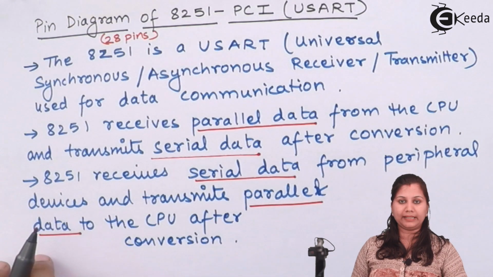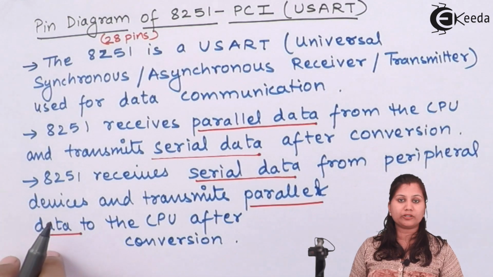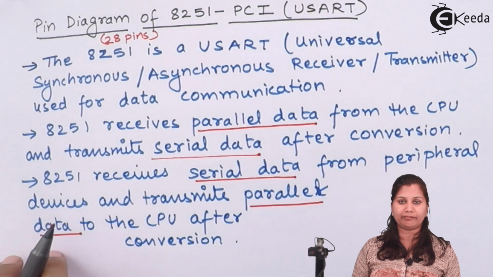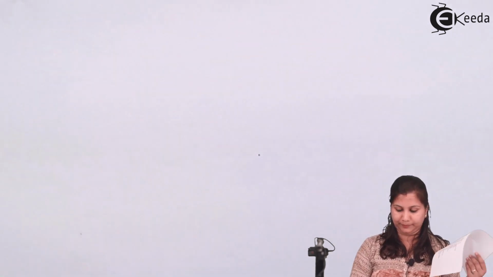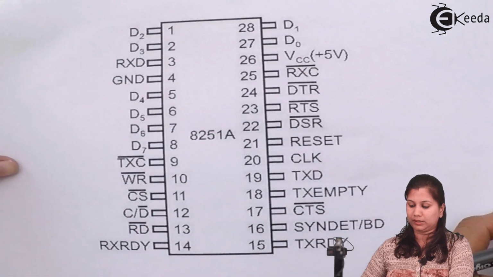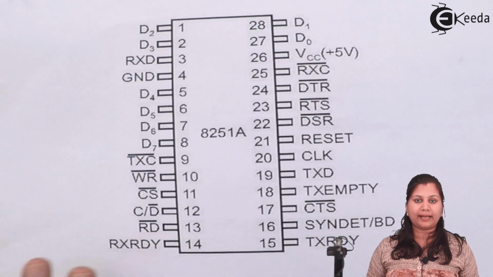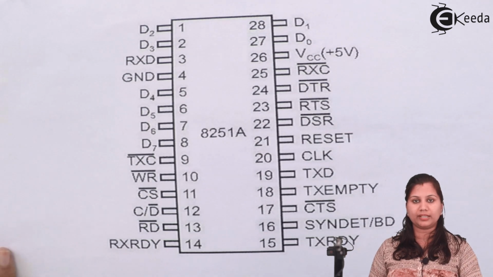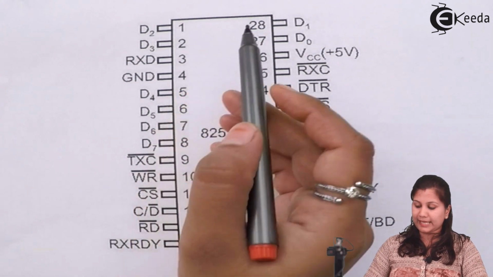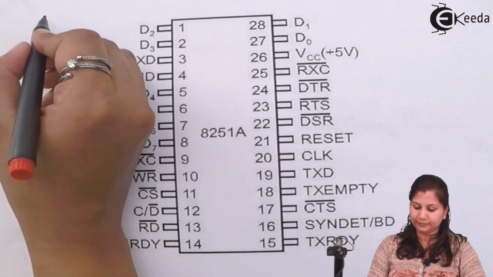So let's see how these 28 pins of the IC are defined. This is the pin diagram of the 8251 Programmable Communication Interface. It has 28 pins.